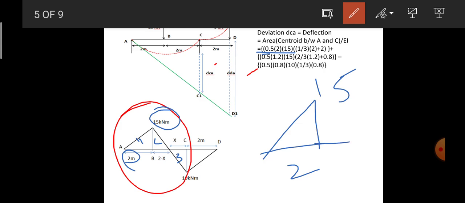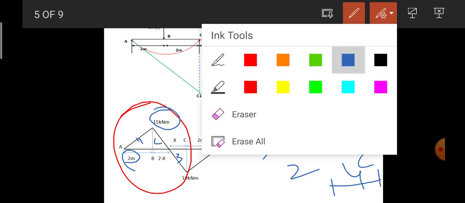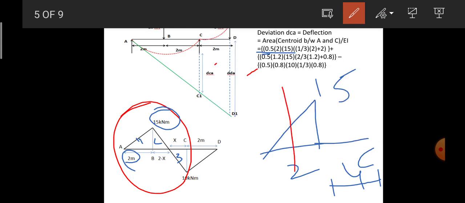Here we have point C at a distance of 4 meters from point B. If I pass the centroidal axis over here, this distance will be equal to 1/3 of 2, but we need to add the remaining distance reaching point C, that is 2 meters.